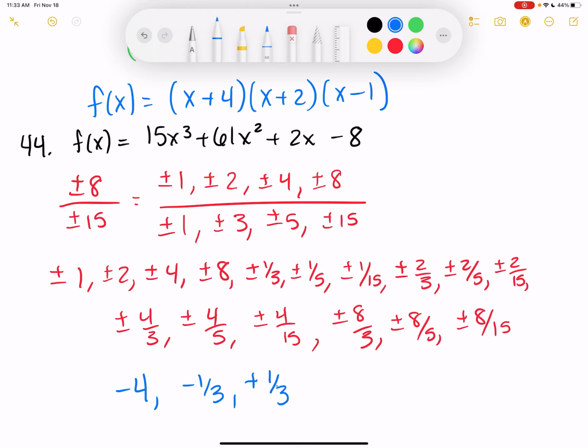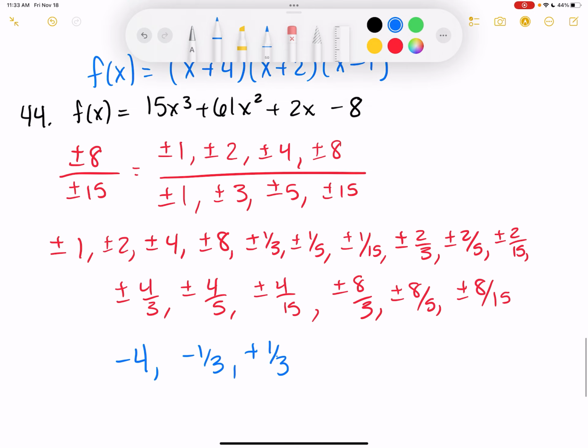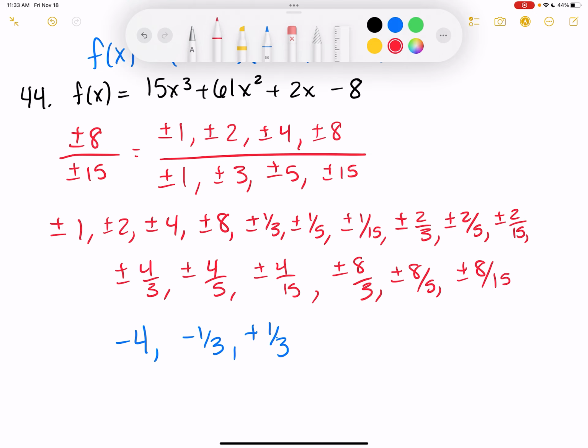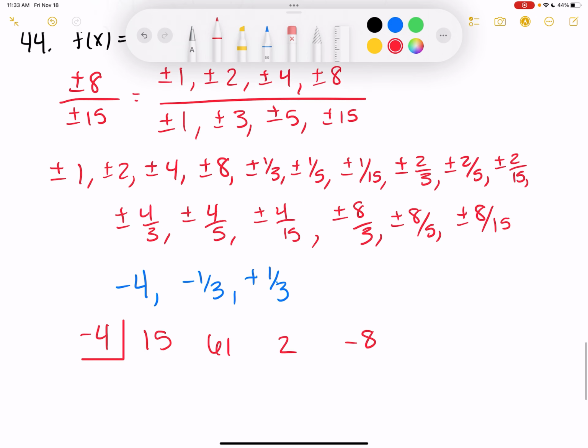So I'm going to start with the whole number, negative 4, because I think it'll make it easier. So negative 4: 15, 61, 2, negative 8. So negative 60, it's 1, negative 4, negative 2, 8.